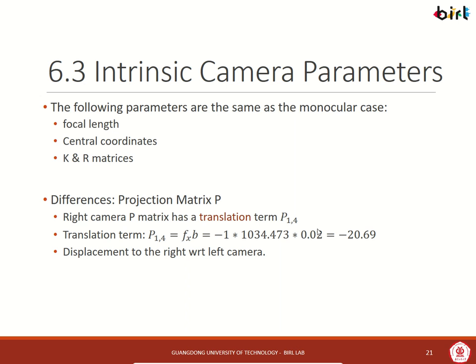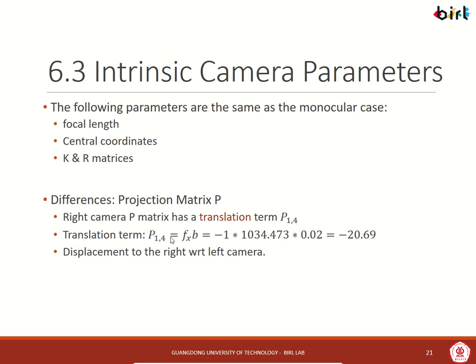The difference for the stereo camera compared to the monocular camera is in the projection matrix P. The right camera P matrix will have a translation term on the first row and the fourth column. This P matrix also has the focal length and the central point for the image, and then a 0 at the end. For the right camera, that number will not be 0 anymore.